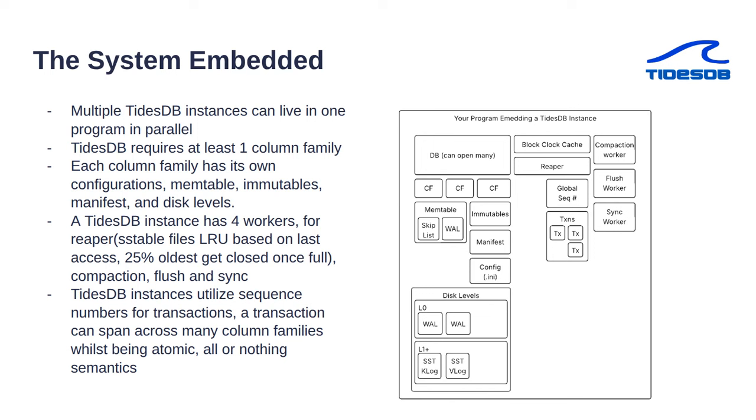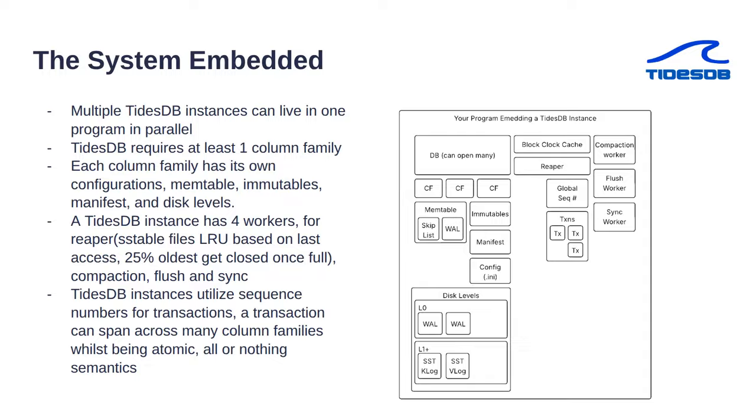TidesDB has a few different workers that run in the background. One worker is the Reaper worker, which takes care of evicting essentially not as accessed SS tables. So let's say your max file descriptor limit is 512. You set it in TidesDB.